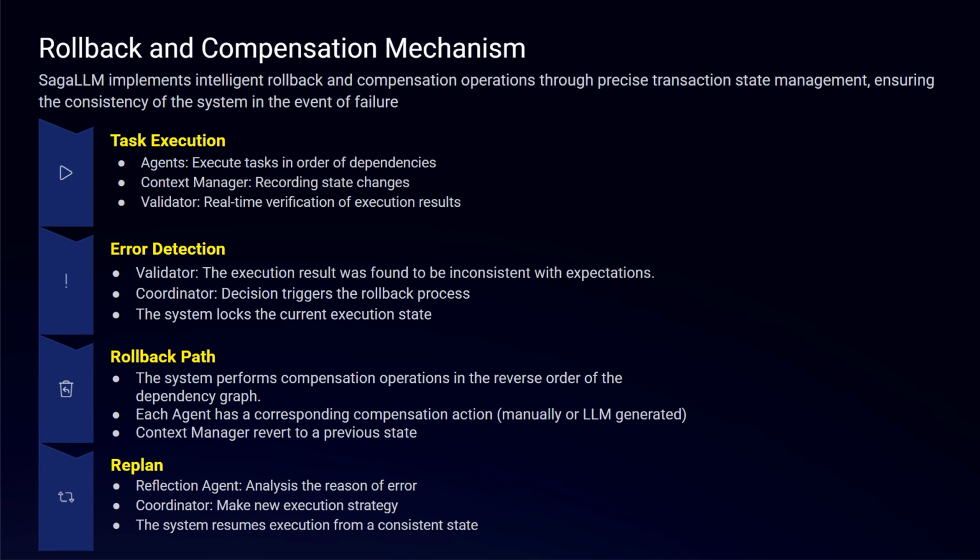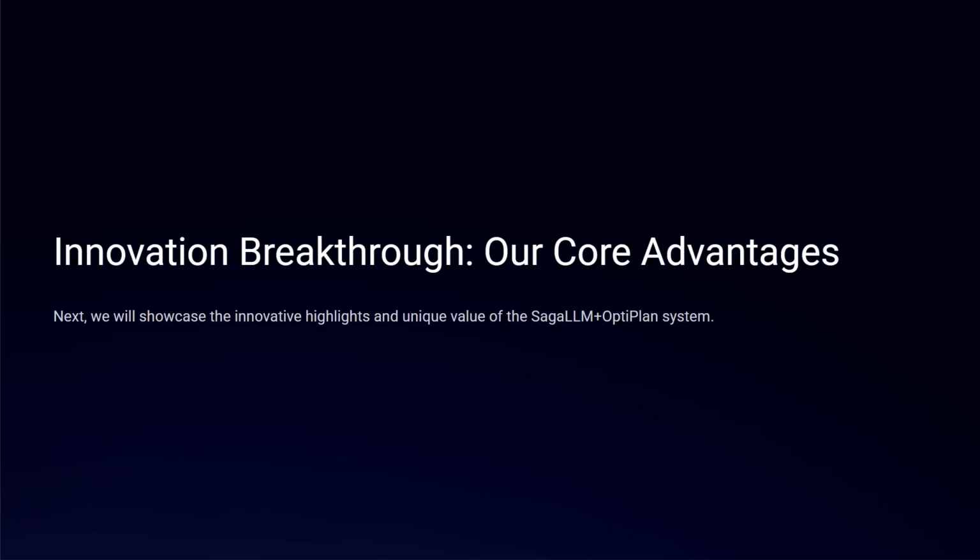The reflection agent analyzes the reason for the error and makes a new execution strategy, and the system resumes execution from a consistent state. It can guarantee that it will not make any mistakes in the later steps after this one.